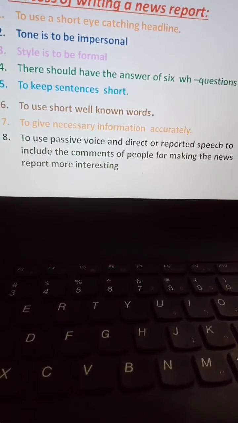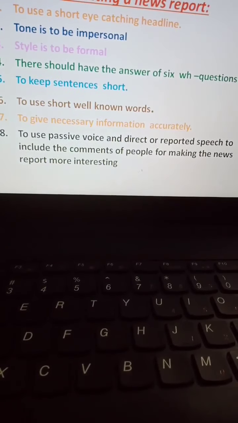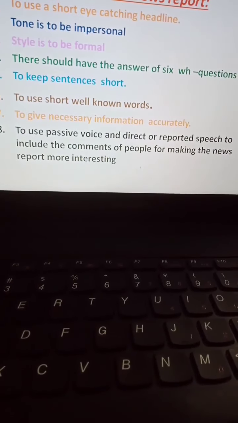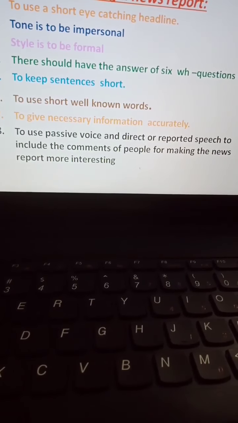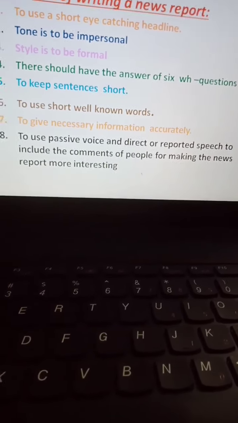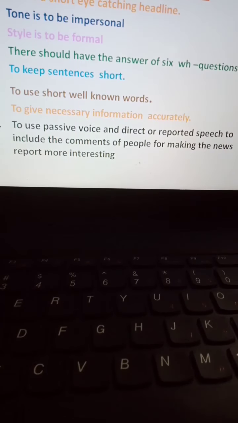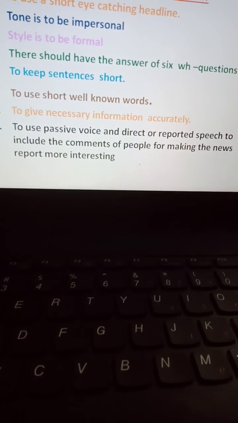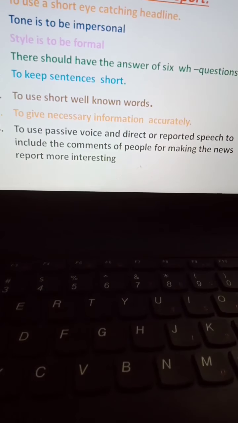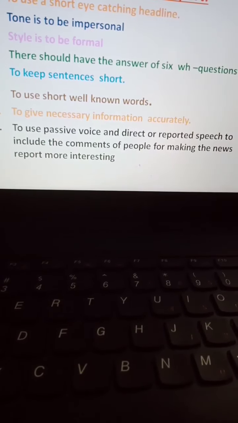Number 8 is very important, because a reporter has to use passive voice and direct or reported speech to include the comments of people for making the news report more interesting. This is one of the main responsibilities of a reporter, to make a news report very interesting, authentic, attractive.